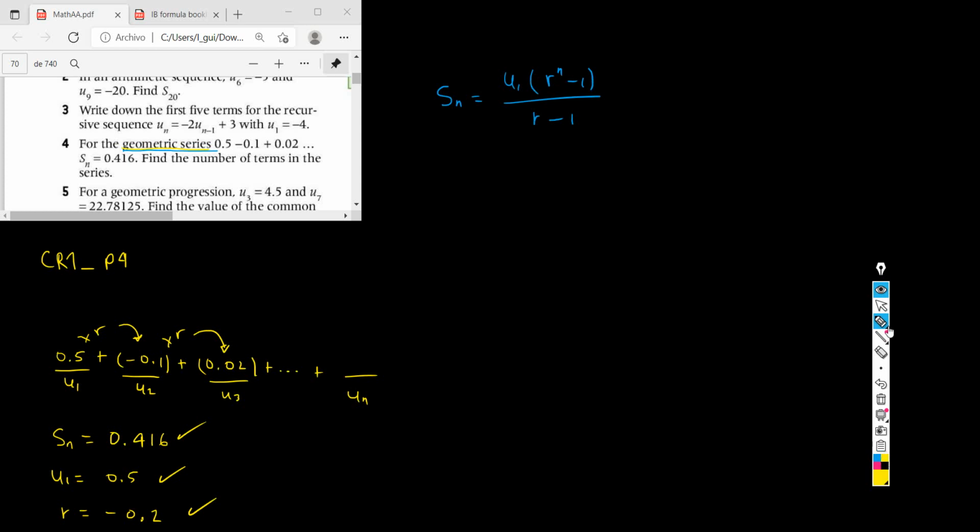Let's make the substitution of all this information in here. Then the ratio is minus 0.2 to the n minus 1 over minus 0.2 minus 1. There you go. So this is the equation that I have to solve for n, guys, for n.